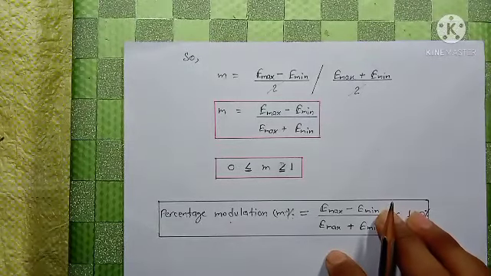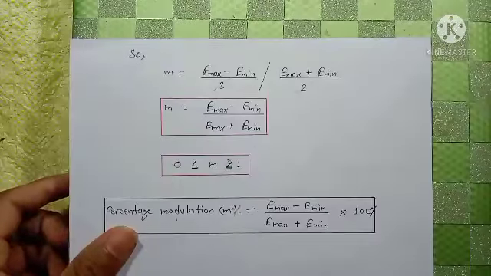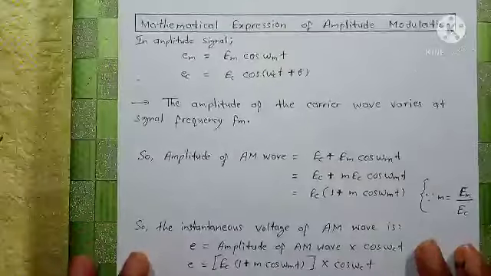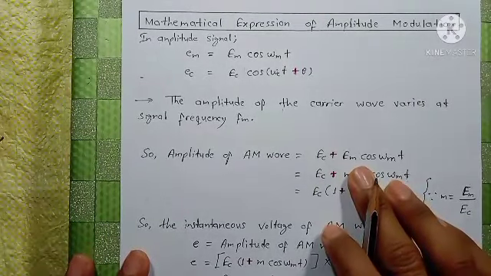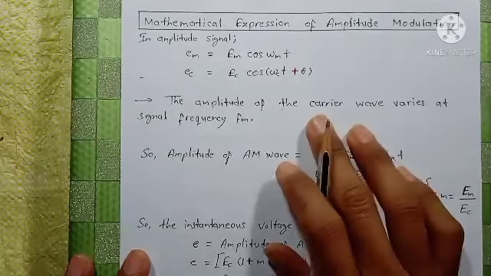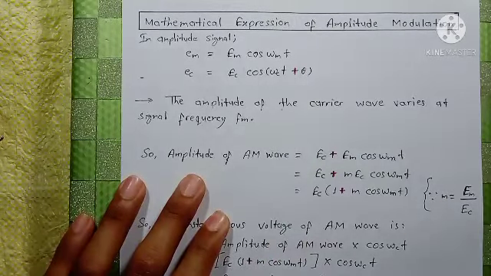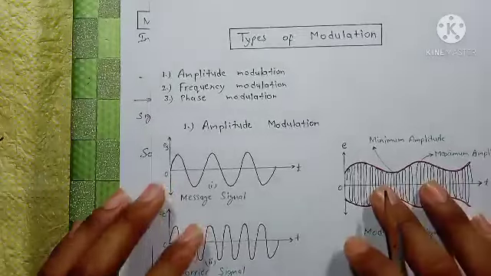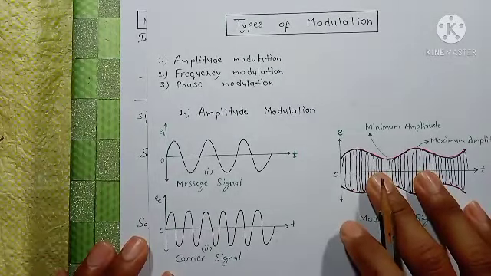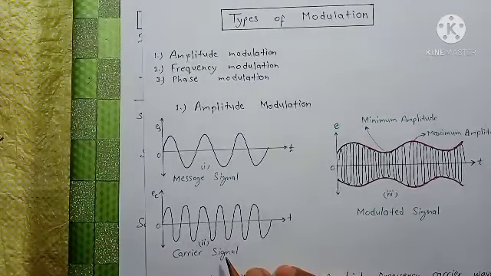And now we will talk about amplitude modulation. Here we discuss the mathematical expression of amplitude modulation. In amplitude modulation, this is the message signal and that is the carrier signal.